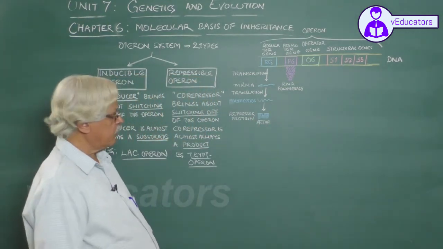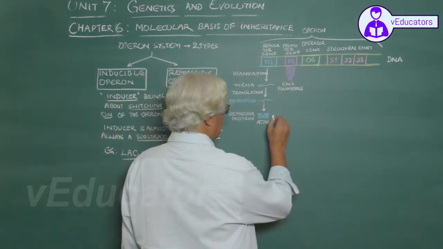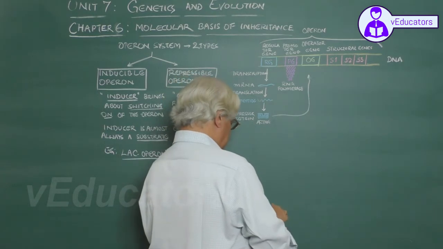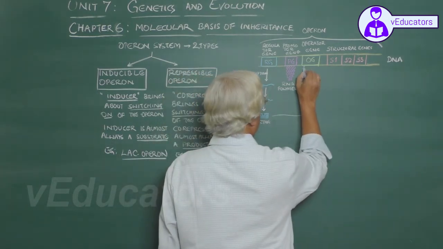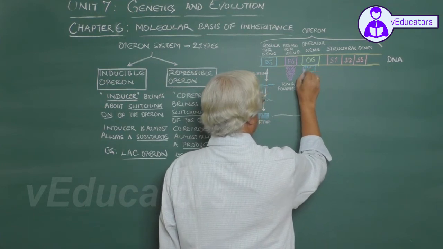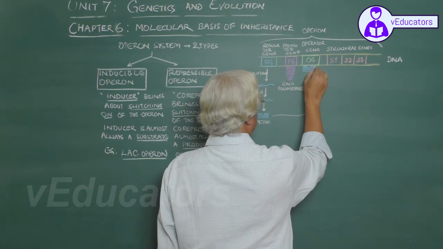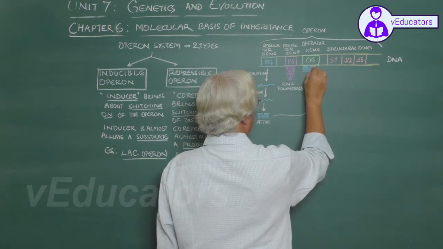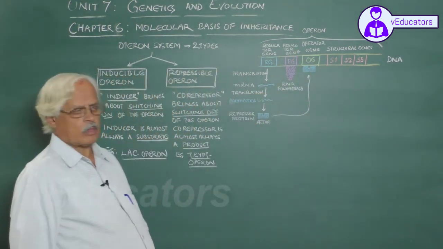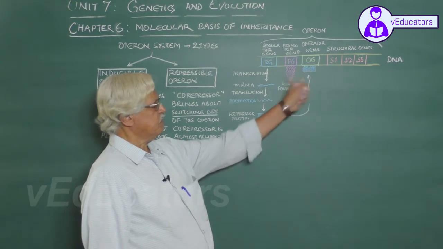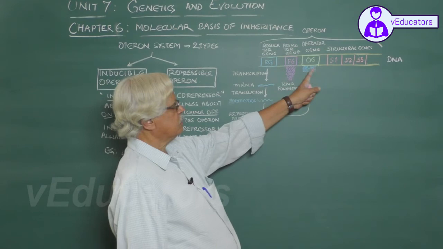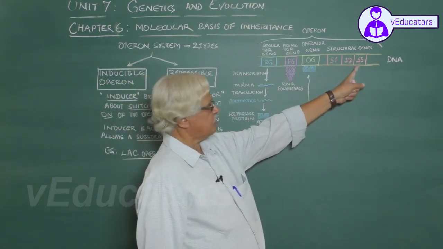So let us say the repressor is inactive. Let us say the repressor is active now. When it is active, this repressor reaches the operator gene and binds with the operator gene. Therefore, the operator gene switches off the structural genes.